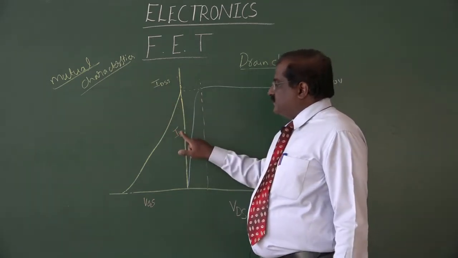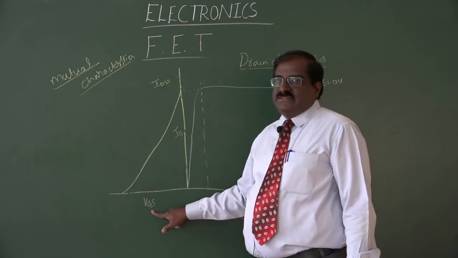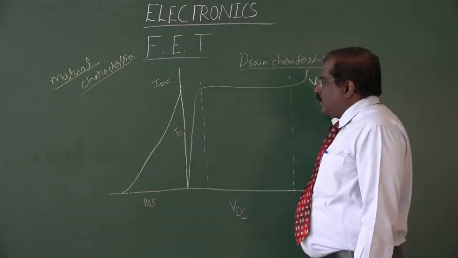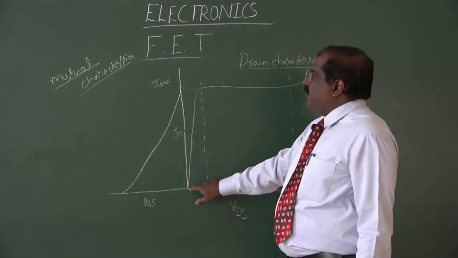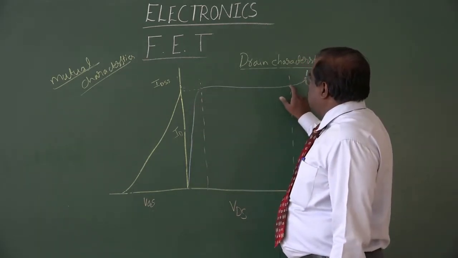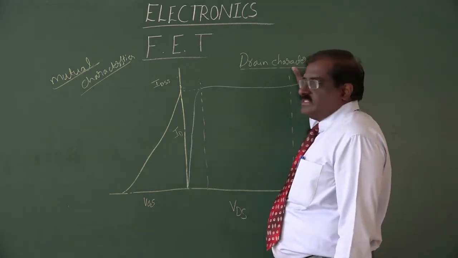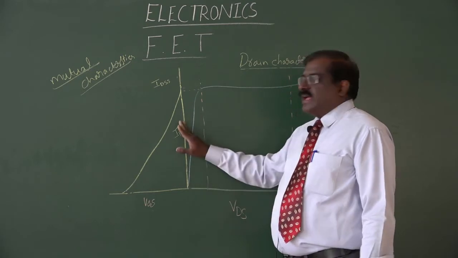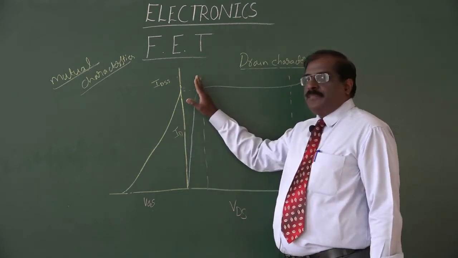Mutual characteristics is ID versus VGS. So when VGS equals 0 volts, the drain current increases and becomes the active region, and this becomes the breakdown region. Here it rapidly increases, as the voltage increases, current increases up to this part.